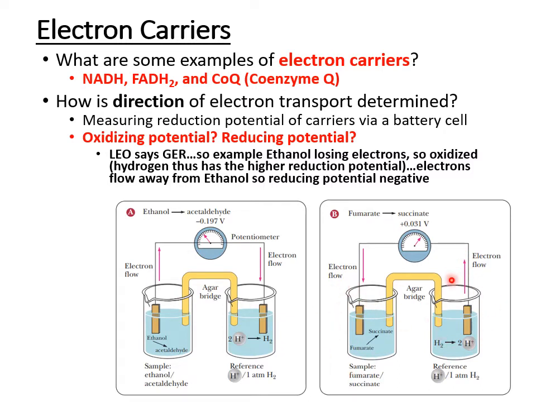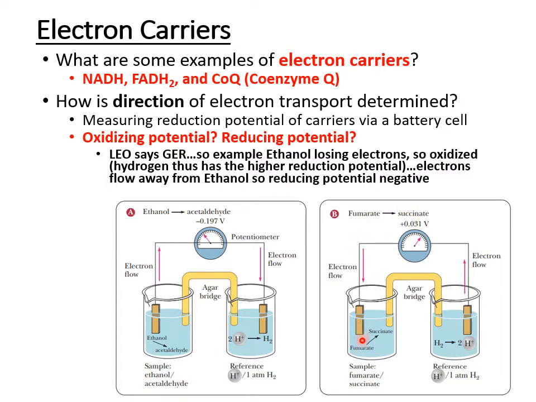We still have the same reference, which is hydrogen. And what do you notice? Now the electrons are flowing toward our sample. So fumarate now, you notice a positive on that reducing potential indicator, right? So when you see a positive here, okay, that shows you that your sample is getting reduced.